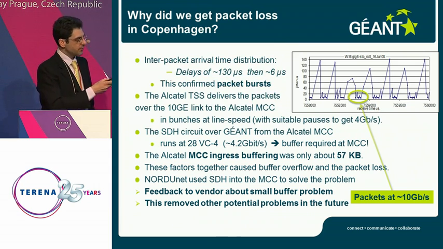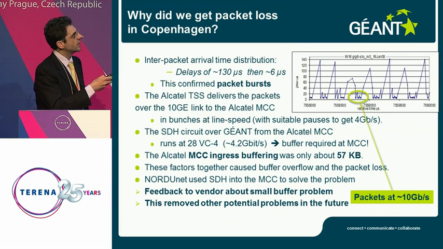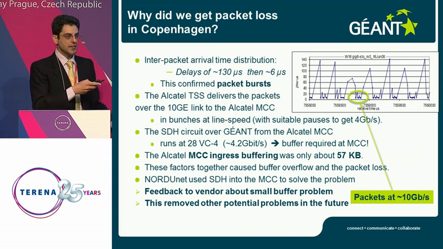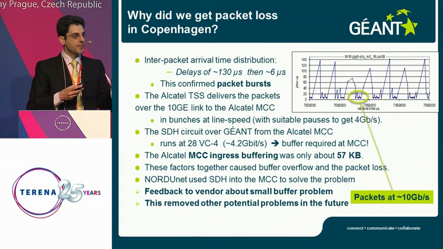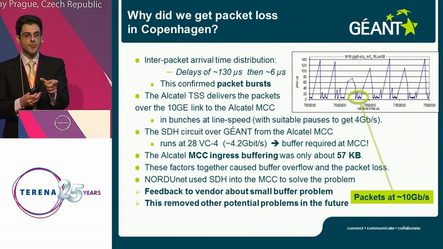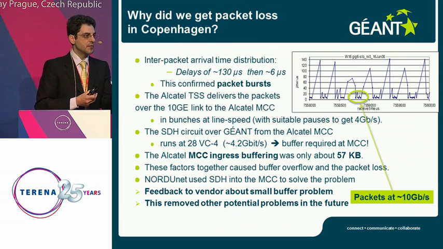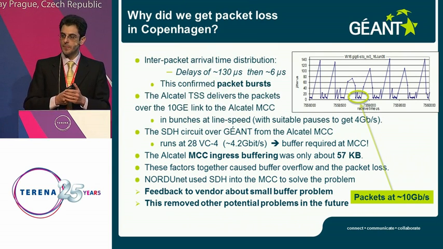The waiting part you can see here, so this dot is representing the fact that after a burst there was waiting, then bursting again, waiting, bursting again, waiting. And so the average was actually 4 gigabits per second, but the way it was delivered was through bursts.